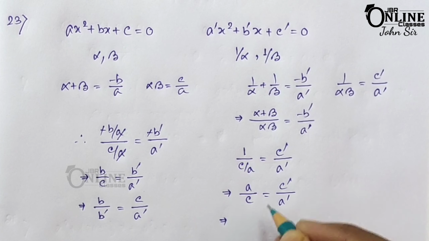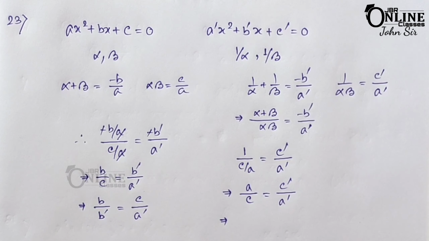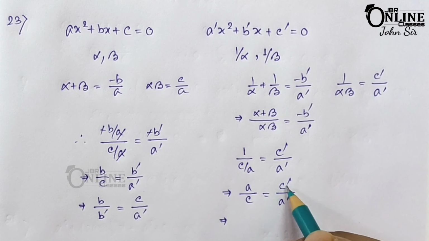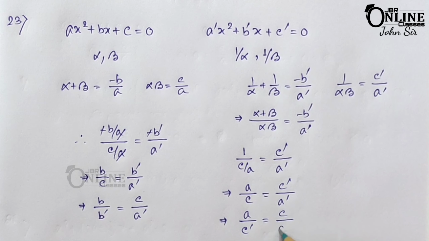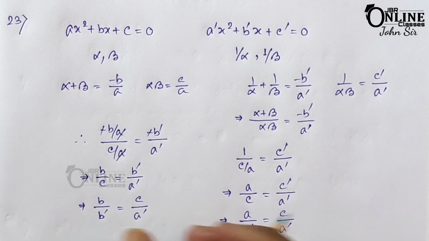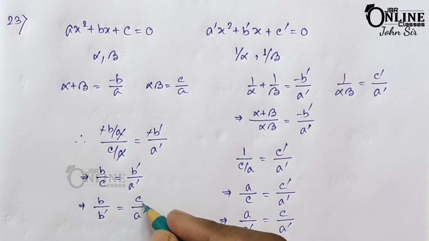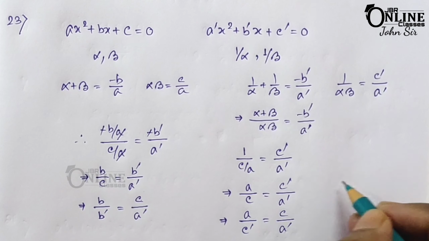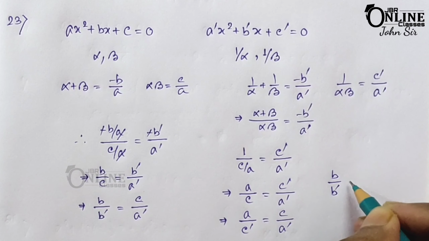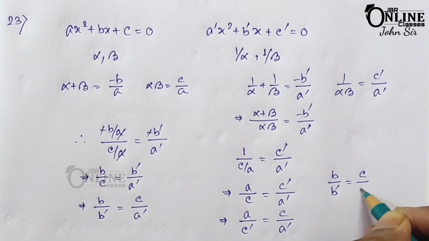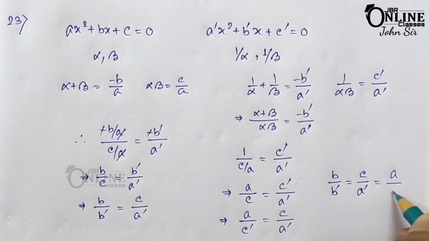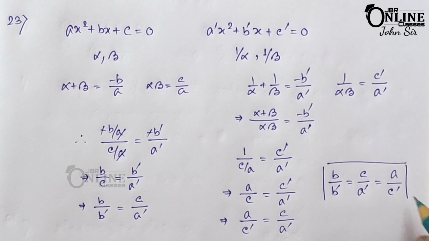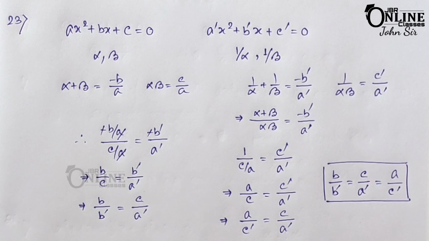So if you interchange these two, here c dash and here c, just write down here a by c dash and it will be c by a dash. Now it will be as same as the left hand side. Here also c by a dash. So your final answer will be b by b dash, that equal to c by a dash, that equal to a by c dash. So that is your final condition.